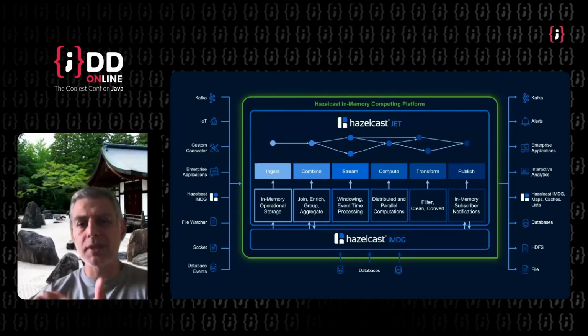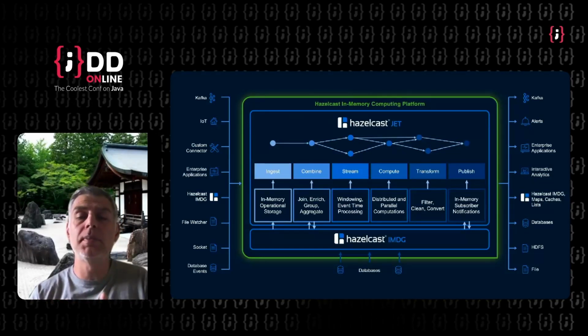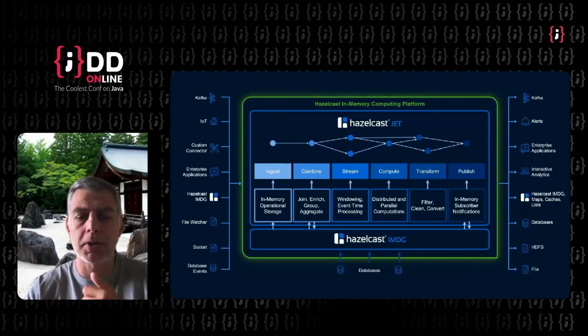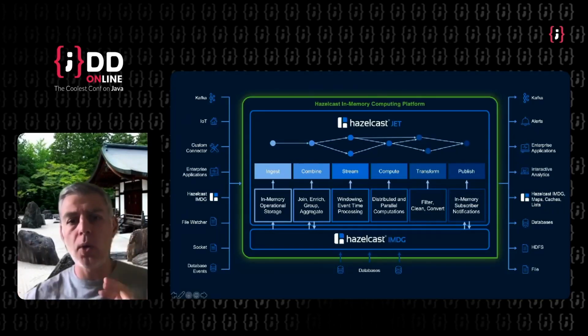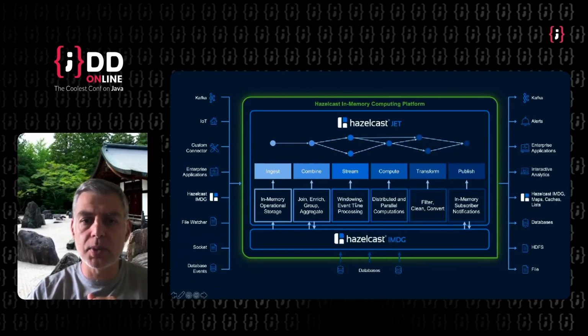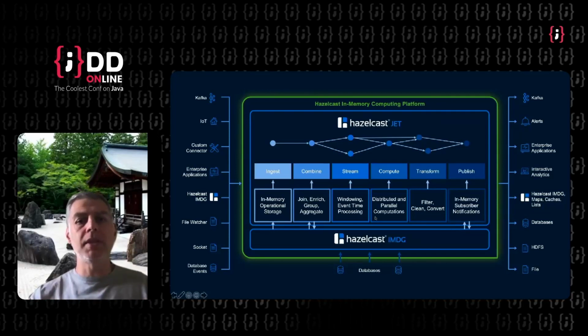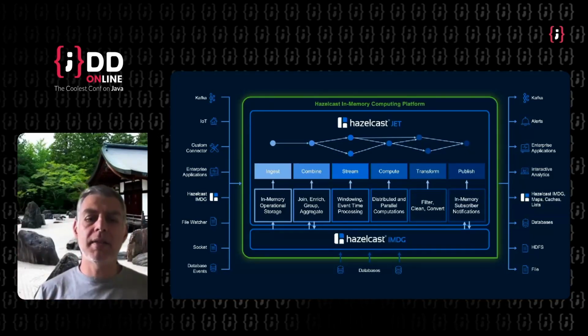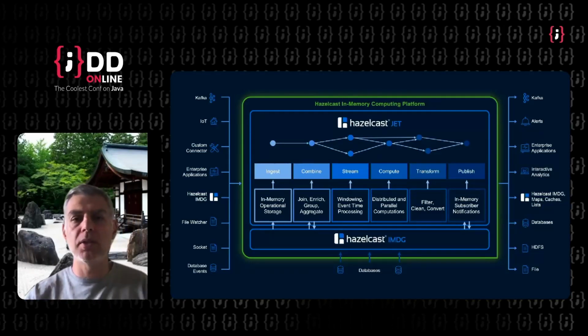The problem is every time you make a database access, it takes a lot of time. Then you lose the benefits of being in memory. You lose the speed of in-memory computing. So what you can do is load your reference data into IMDG, and then because Jet is made to work with IMDG, and IMDG also is in memory, everything is in memory, and you can enrich your stream in a much faster way.